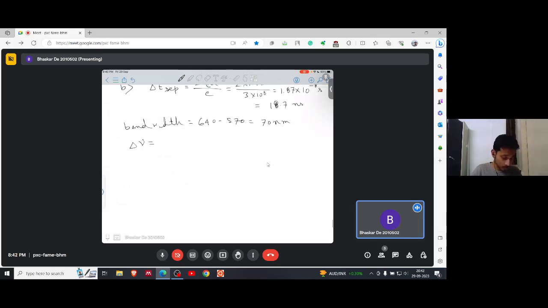So delta nu for this particular bandwidth is c by lambda squared delta lambda equal to 3 into 10 to the power 8 meter per second, over 6.05 into 10 to the minus 7 meter squared, times 70 into 10 to the minus 9 meter, which is 5.7 into 10 to the 13 hertz.